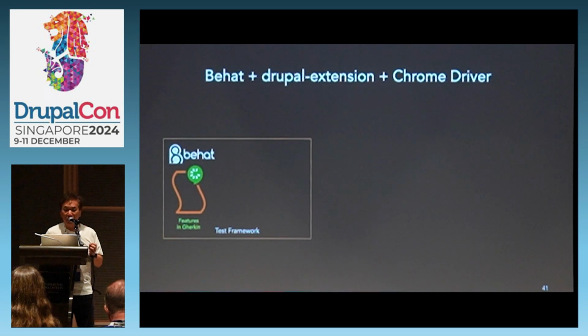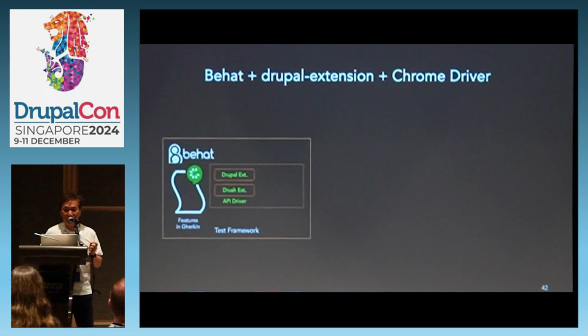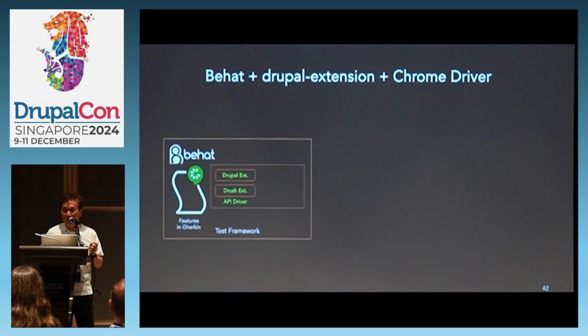In Behat, we have a feature file that is a set of test scenarios written in so-called Gherkin syntax. And we install some extensions to support Drupal and Drush and browser testing by web drivers. So we will use some extensions for Drupal web testing.